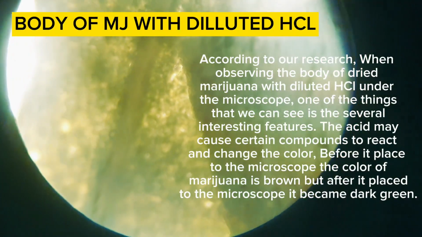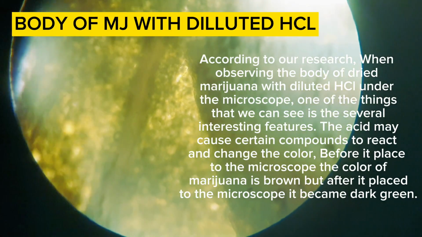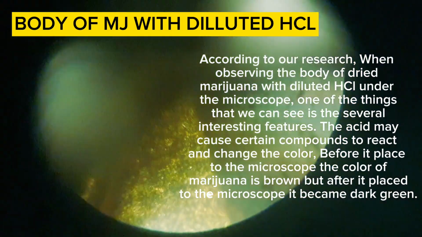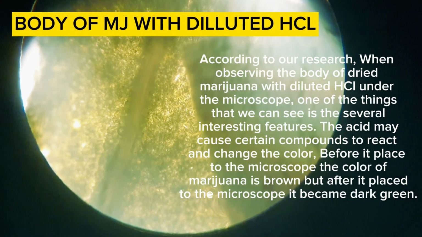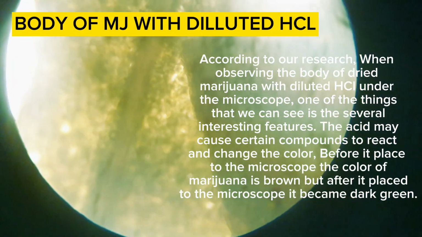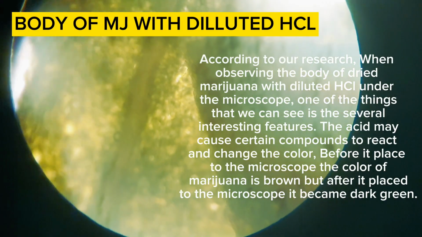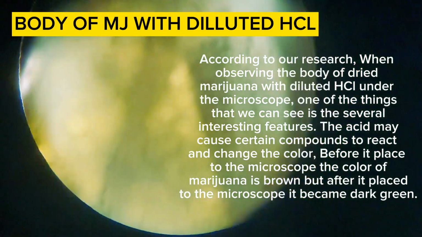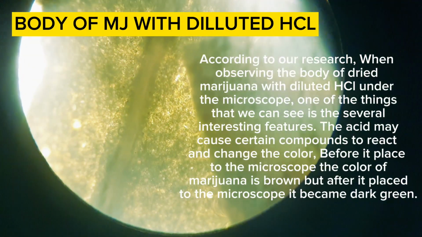According to our research, when observing the body of dried marijuana with diluted HCl under the microscope, one of the things we can see is several interesting features. The acid may cause certain compounds to react and change the color. Before it is placed under the microscope, the color of marijuana is brown, but after it is placed under the microscope, it becomes dark green.